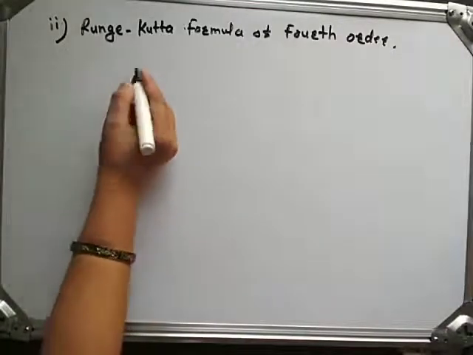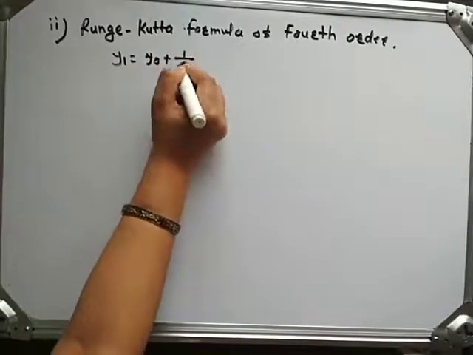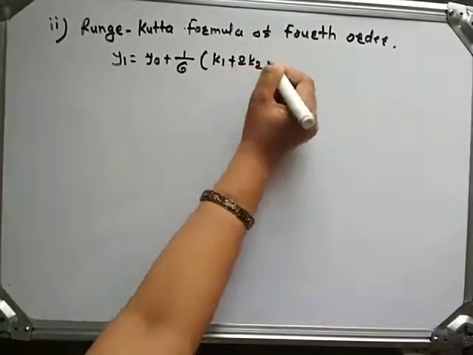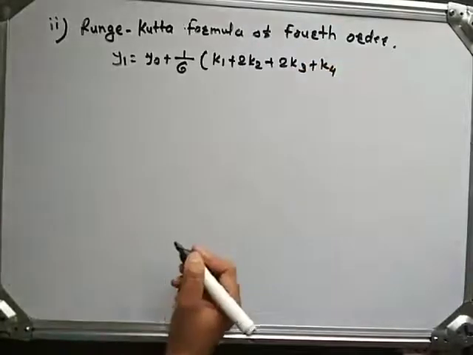That formula is y1 is equal to y0 plus 1 by 6 into (k1 plus 2 into k2 plus 2 into k3 plus k4).